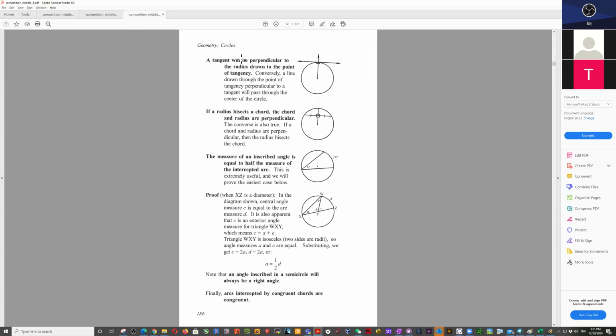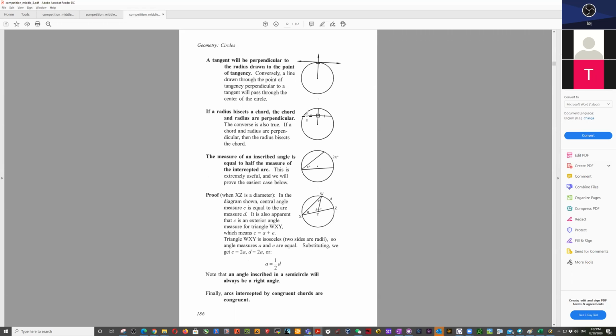There are several important facts on the relationship of the circle and its chord. The tangent of a circle is perpendicular to its radius, so the perpendicular line of the tangent will pass through the center. That's one of the facts.